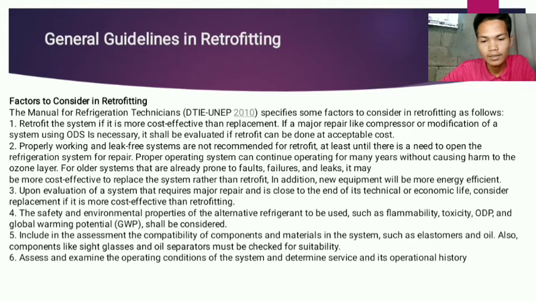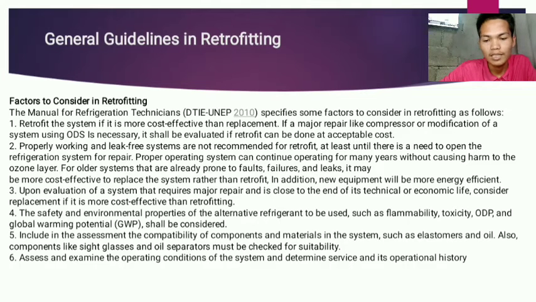For older systems that are prone to errors, failures, and leaks, maaaring mas matipid na palitan ang mga system kaysa sa pag-retrofit. In addition, ang mga bagong kagamitan will be more energy efficient. Third is evaluation of a system that requires major repair and is close to the end of its technical or economic life.